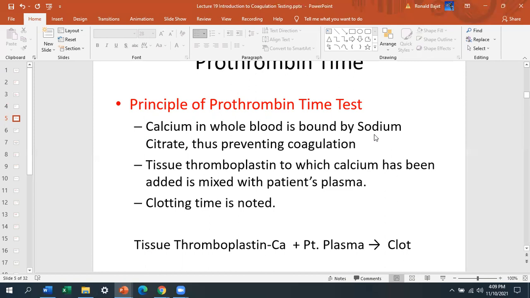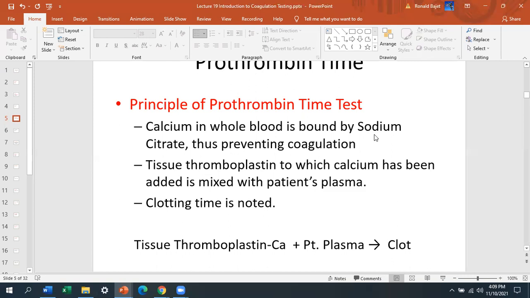Now you're mixing it with the patient's plasma, which was lacking in calcium. So once you add the reagent, you will now have the components to complete the coagulation cascade. So now you can measure the clotting time.